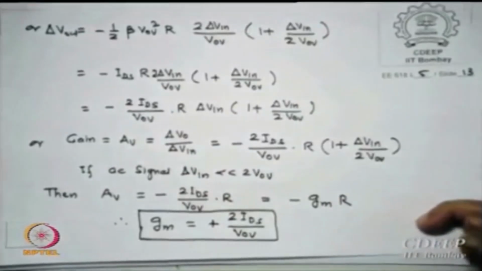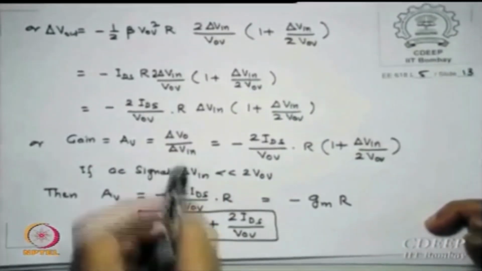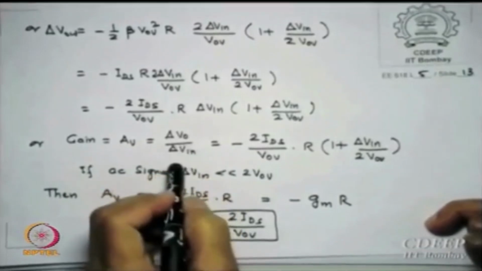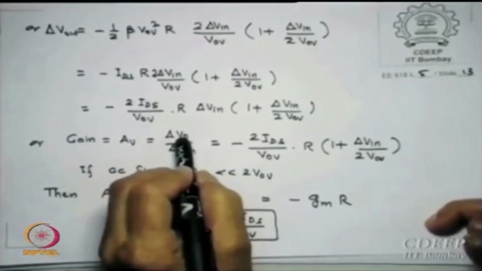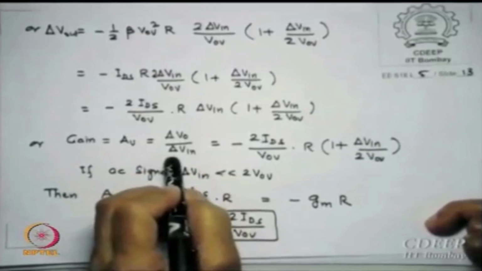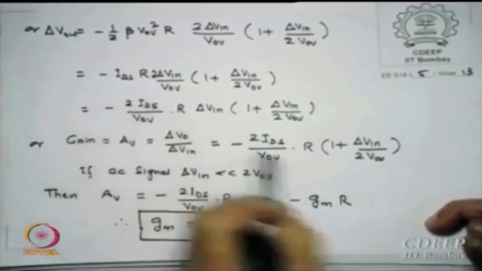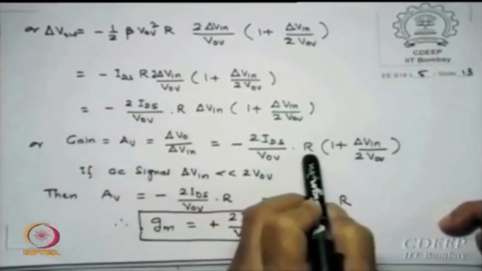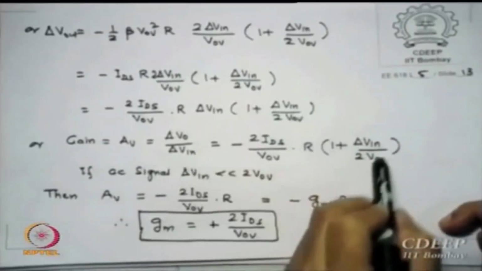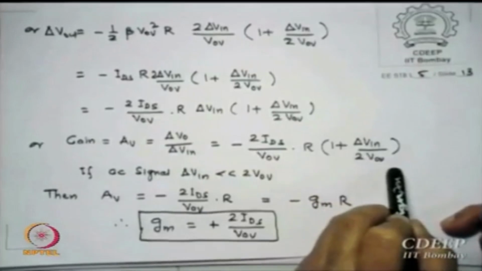Now what is the gain I defined? Change in output voltage by change in input voltage, which from this expression becomes minus 2 IDS by VOV times R into 1 plus delta V in by 2 VOV. Is that clear?